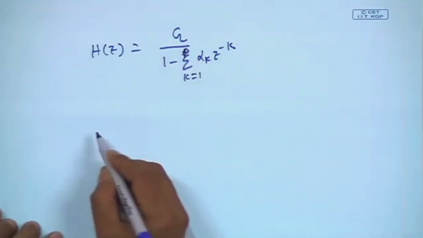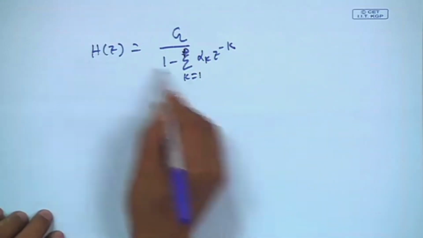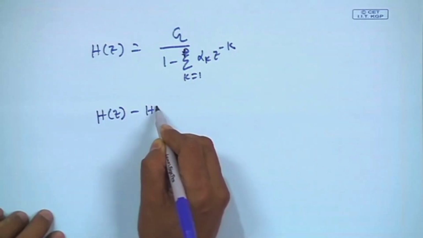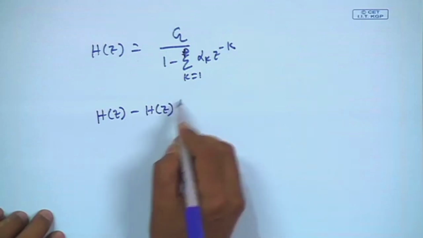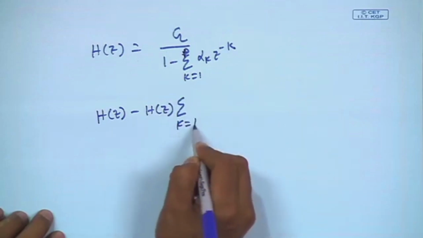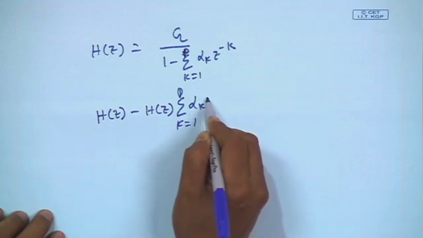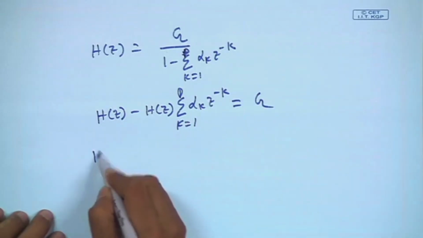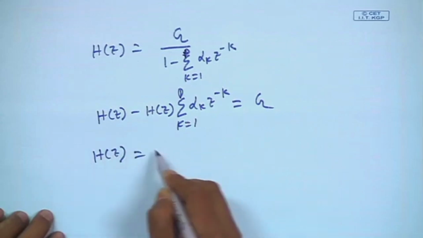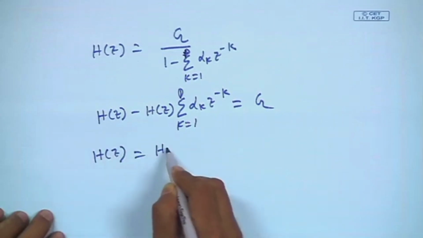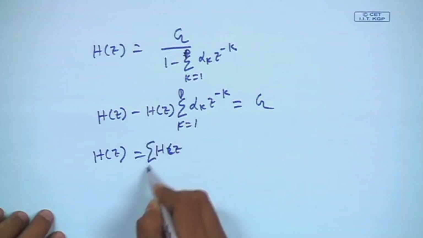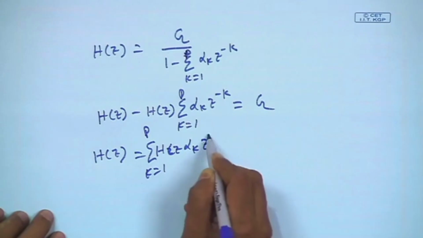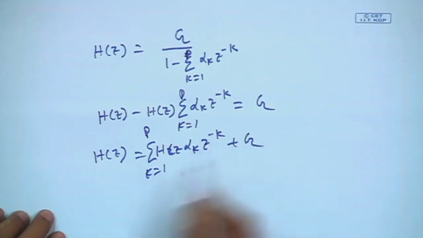Or I can say, in the time domain, if I multiply it this side, H(z) minus H(z) into the sum over k equal to 1 to p of alpha k z to the power minus k is equal to g. So, H(z) is equal to H(z) into the sum over k equal to 1 to p of alpha k z to the power minus k, plus g.